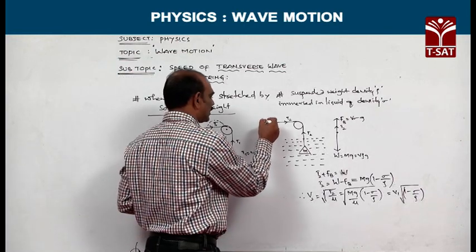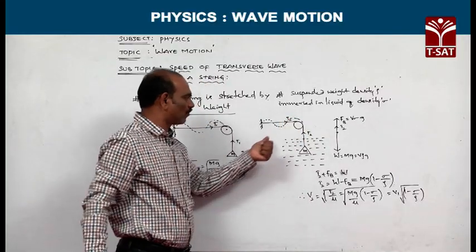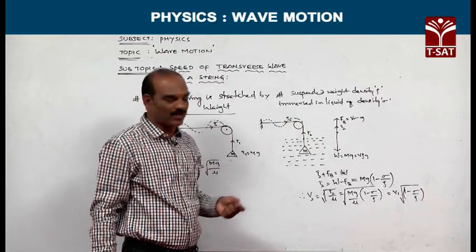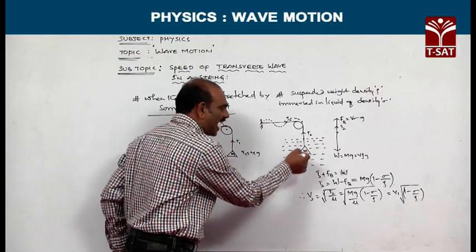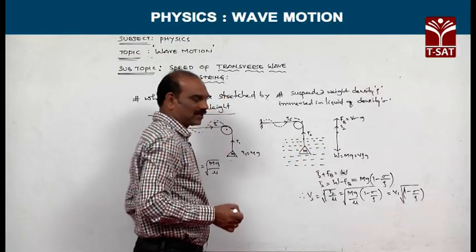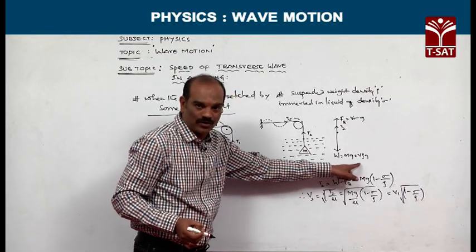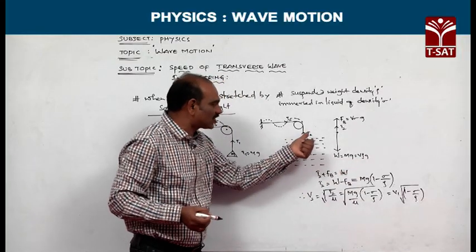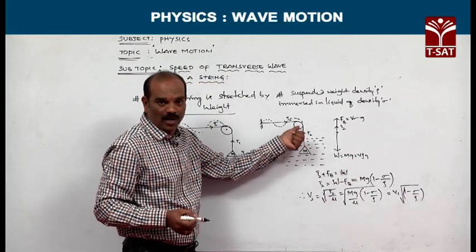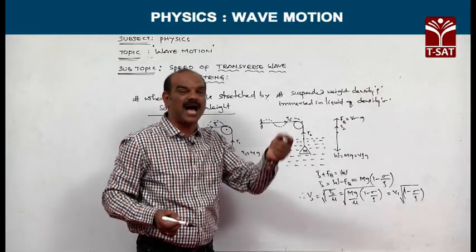In this case, the wave is propagating through a string, and we would like to find the speed of the transverse pulse propagating from one end to the other. The forces acting on the string are the weight of the body mg acting downward, where mg is equal to v rho g, and the tension T2 acting toward the fixed point. One more force comes into play, called buoyancy, which is called upthrust.